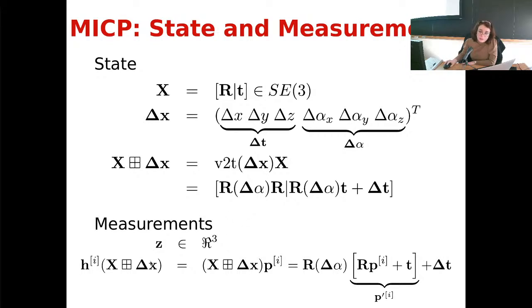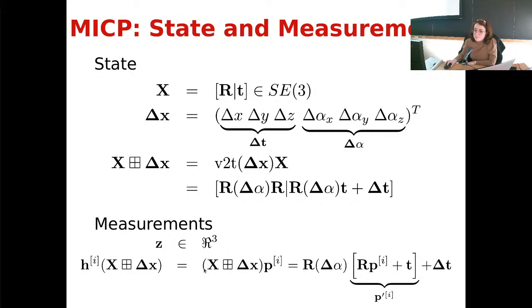Now, in the computation of the error, you have seen that we have h_i of x box plus delta x minus z. So let us expand h_i of x box plus delta x using the formula that you have here. Then this gets to x box plus delta x p_i.